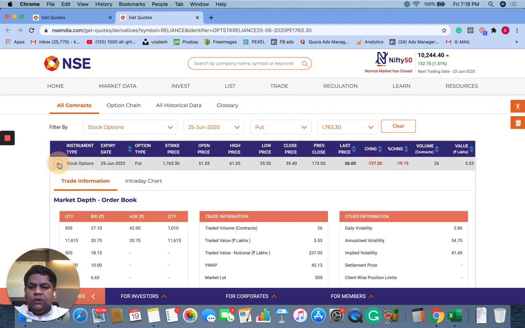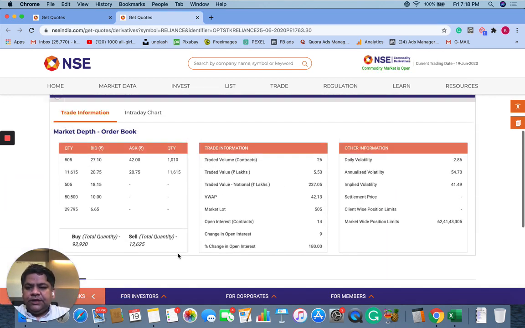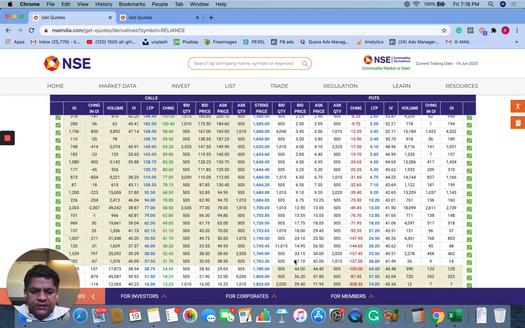So the definition I told you, but definition doesn't help. The real example helps, and we have taken the real example. The last traded price is something we will pick up from here itself, which is 36 rupees.